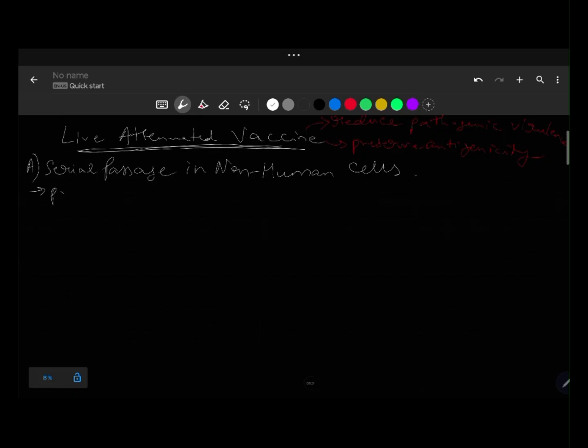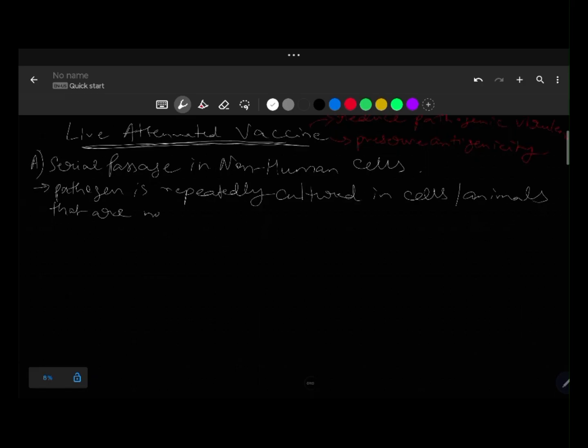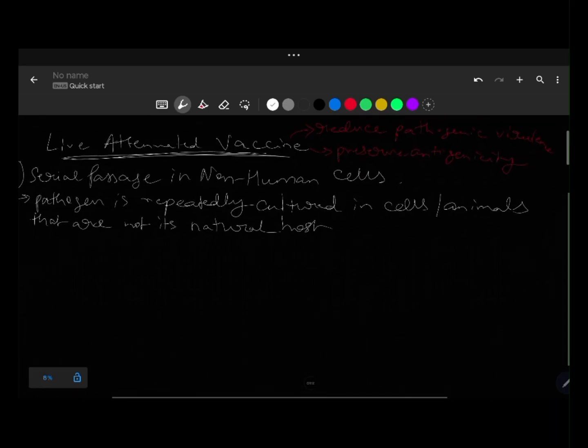The pathogen is repeatedly cultured in cells or animals that are not its natural host. As you culture the pathogen continuously in those cells or animals, it gradually loses its virulence.